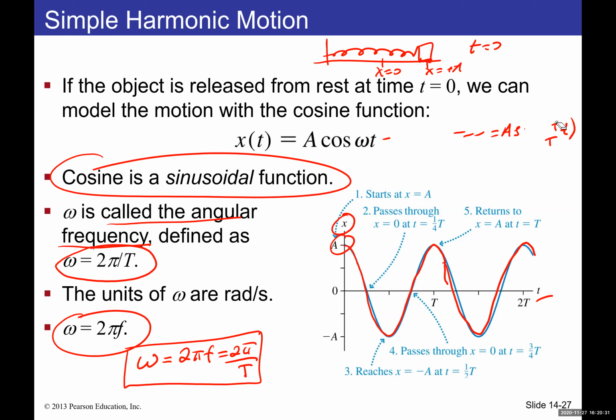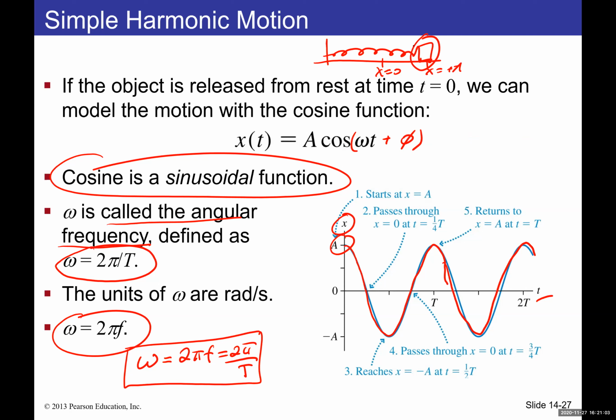Now I should also point out that technically the complete equation will be A cosine omega t plus a phase constant. So we're going to talk about this phase constant. This phase constant generally represents if you started your timer at some position other than, let's say, x equals A. For example, imagine I take the spring system and stretch it to x equals A. Then I let go, but do not start my timer.